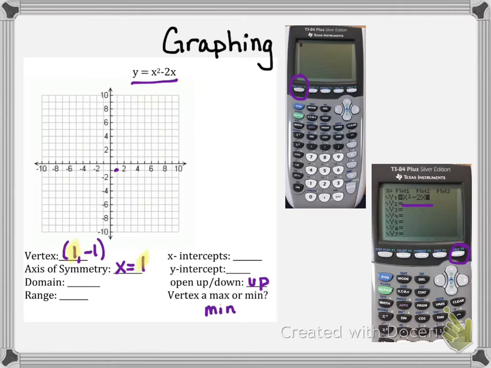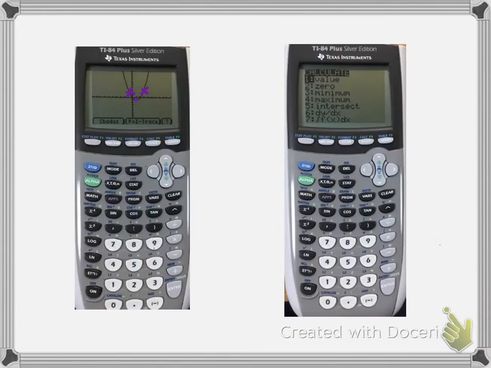Now let's look at some of our other important information. We need to know our domain, our range, our x-intercepts, and y-intercepts. The y-intercept is the place that it crosses the y-axis, so your x is equal to 0. An easy way to find this is to hit your second button, then your table.